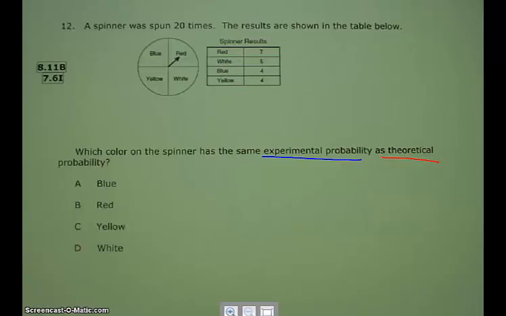In the unit, we discussed experimental probability as being the actual results. Whereas the theoretical probability would be the mathematical chance of something occurring.